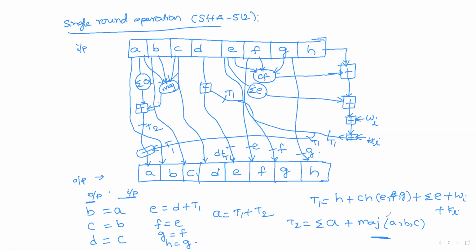Okay, so now here we will observe what is that majority function, majority of A comma B comma C. We are taking now what it returns. It returns majority. In the name itself we are having.